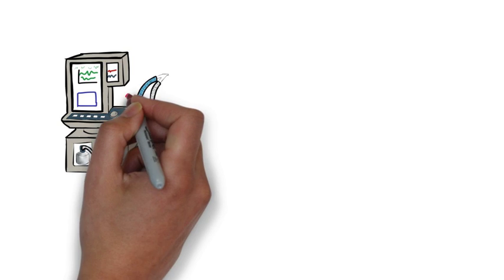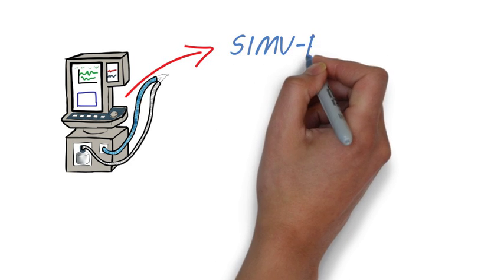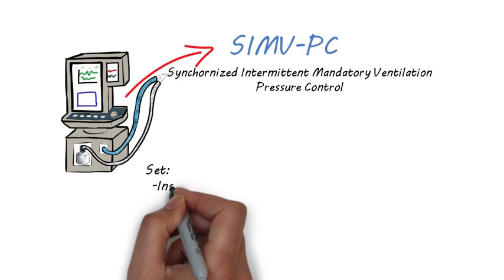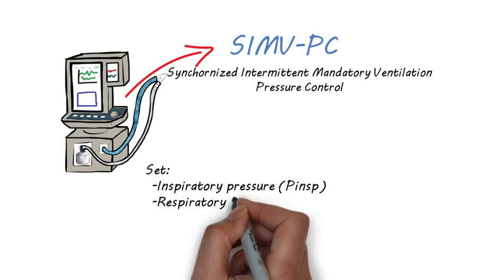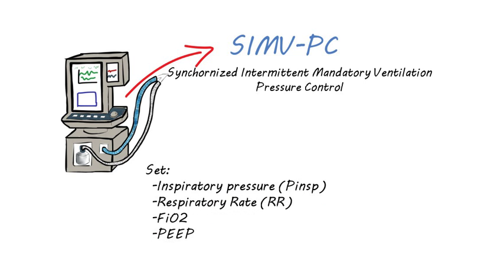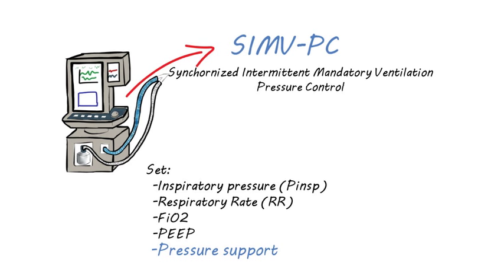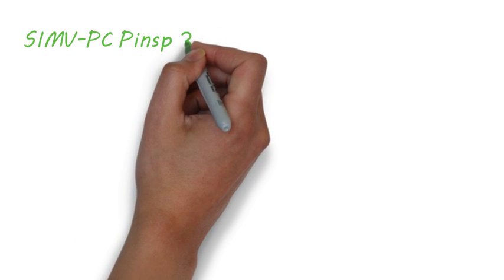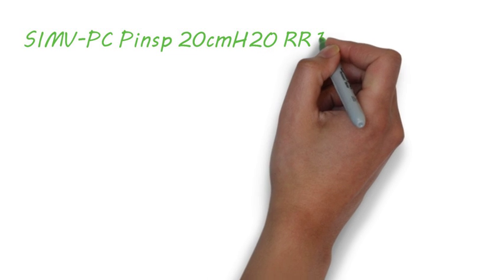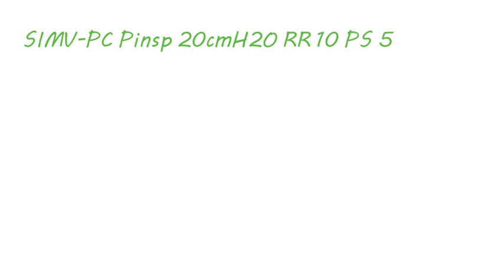For SIMV-PC, we will again set our inspiratory pressure, as this is still a pressure-controlled mode. We will set our respiratory rate, the FiO2, and PEEP, and additionally, we will set a pressure support. Let's say our settings are SIMV-PC with an inspiratory pressure of 20 centimeters of water, respiratory rate of 10 with a pressure support of 5.